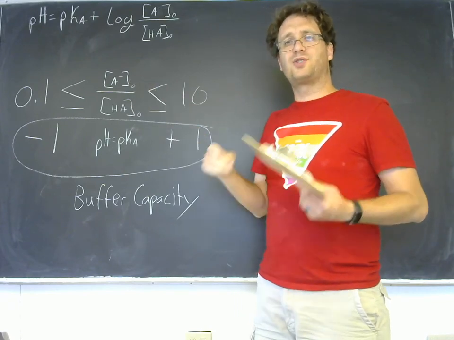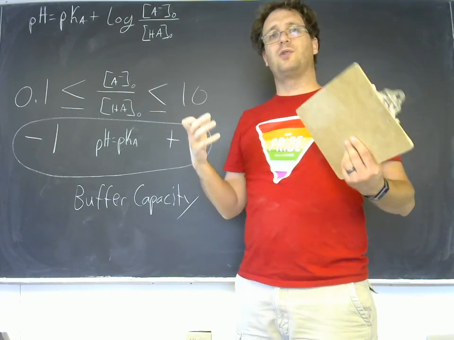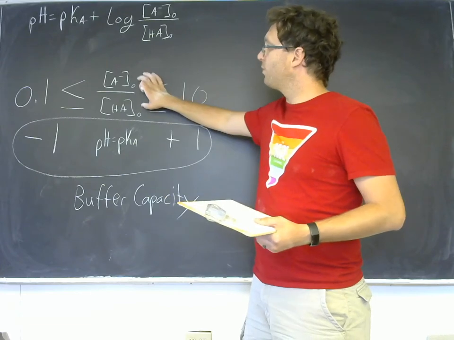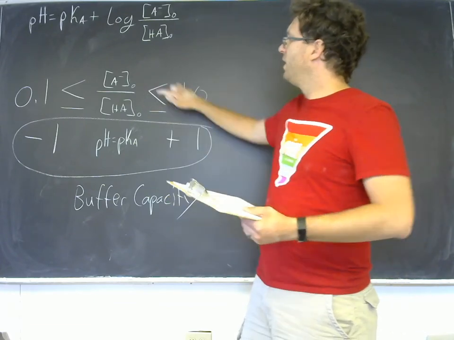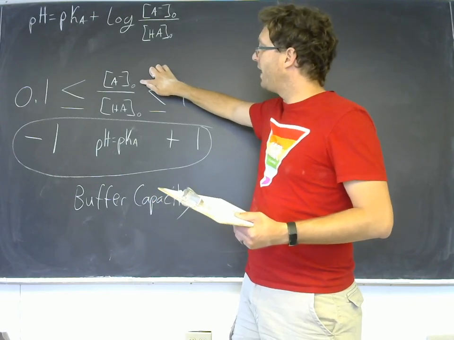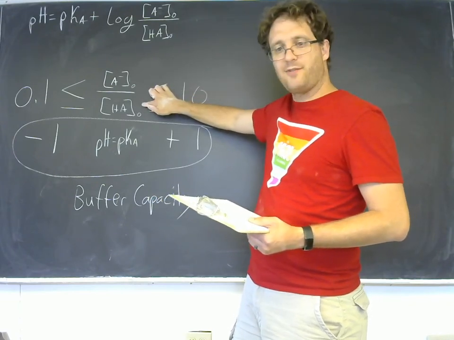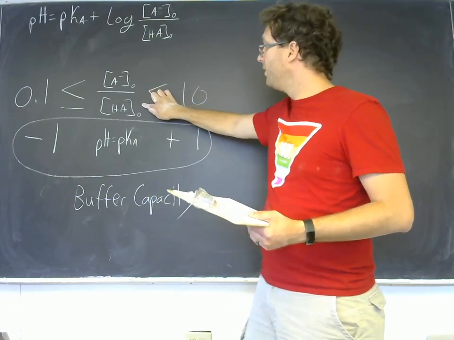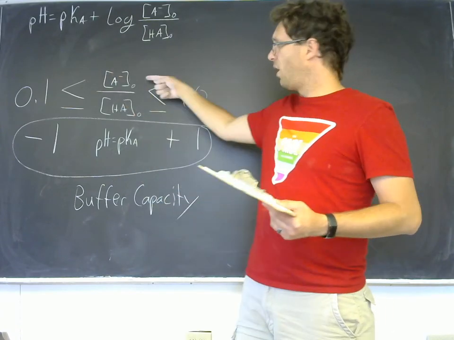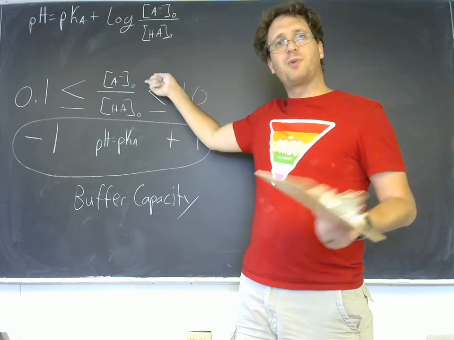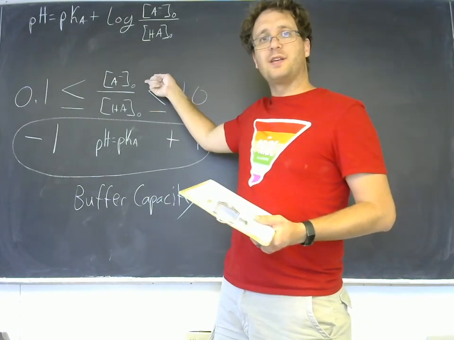But the stronger, more resilient you want your buffer to be, the higher you want these concentrations to be. If I have 5 millimolar here and 5 millimolar there, then I'll get a pH equal to the pKa. But only 5 millimoles per liter would be enough to break this buffer.